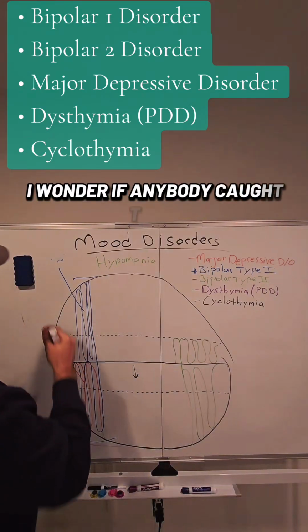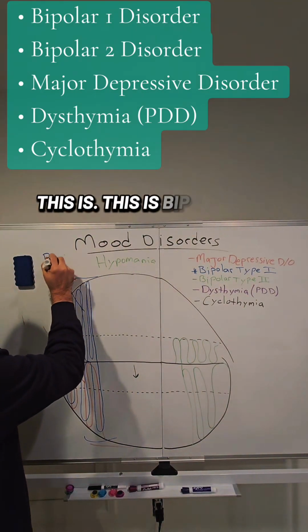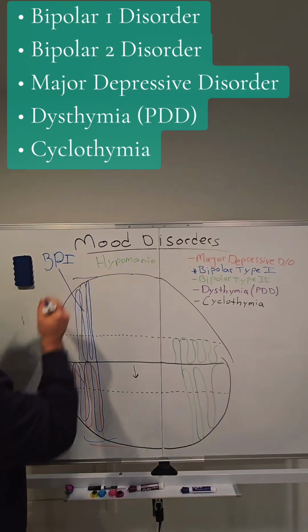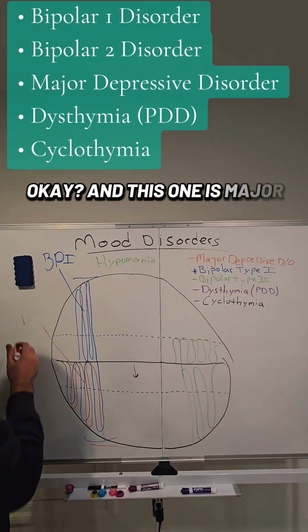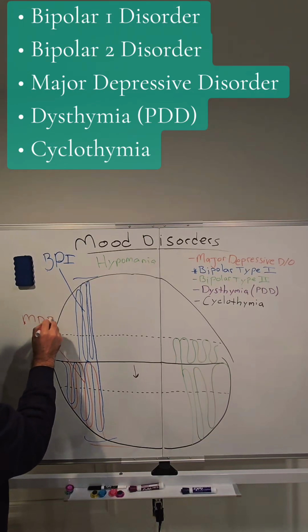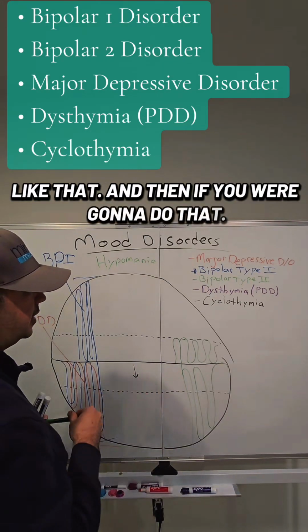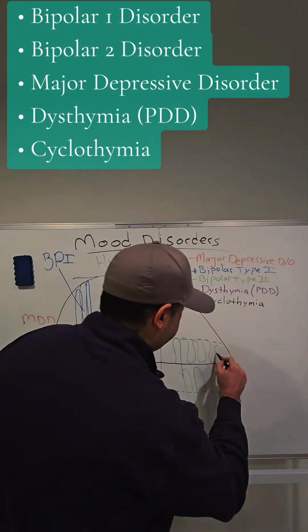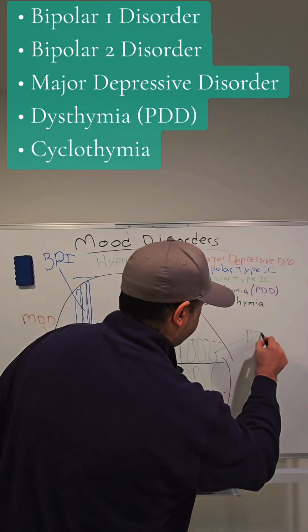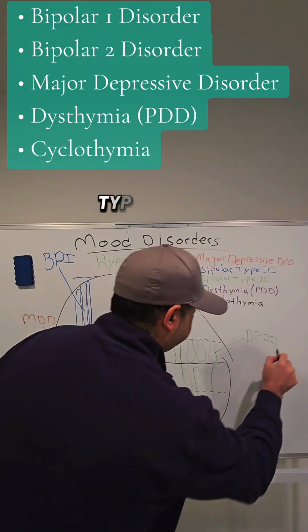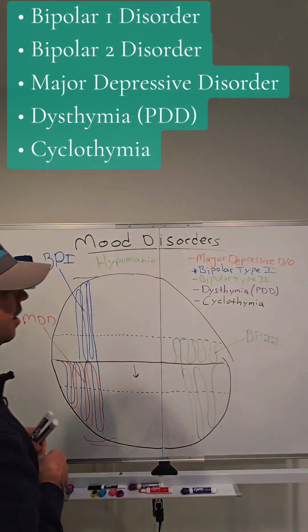I wonder if anybody caught that. This is bipolar 1. Okay? And this one is major depressive disorder. Like that. And then this is bipolar type 2, right here. Type 2. Okay.